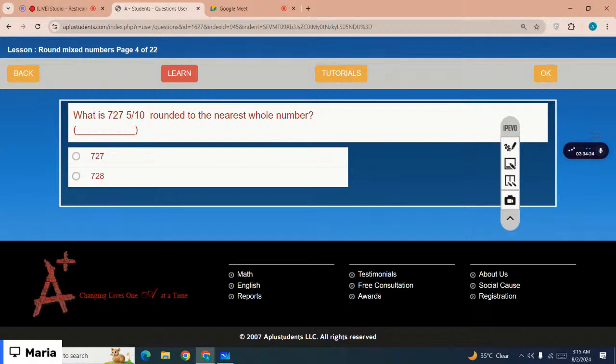So which is the correct option? 5 over 10 is exactly equal to half, right? So you need to round up again, that is 728. Option number 2 is the correct option. Very good.